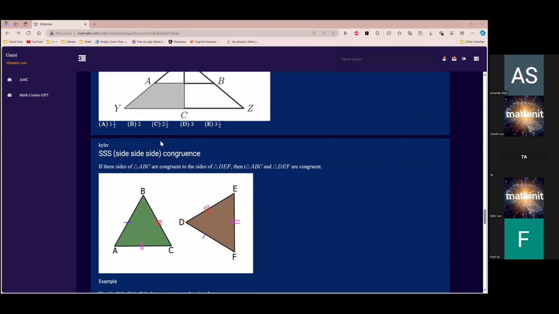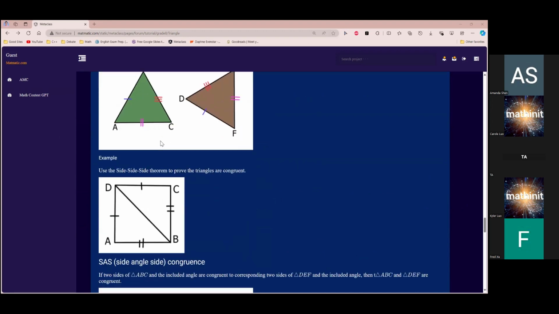So some congruences. In order to figure out if a triangle is congruent or not, I think there are 3 different types. There's side-side-side, which is when all of the side lengths are equal, then you know it's congruent.